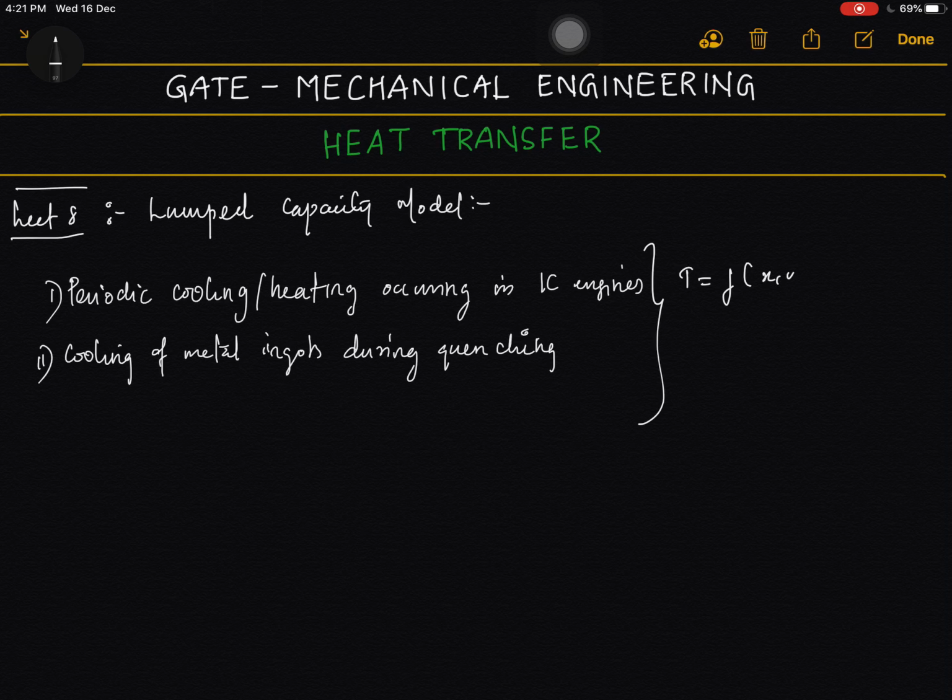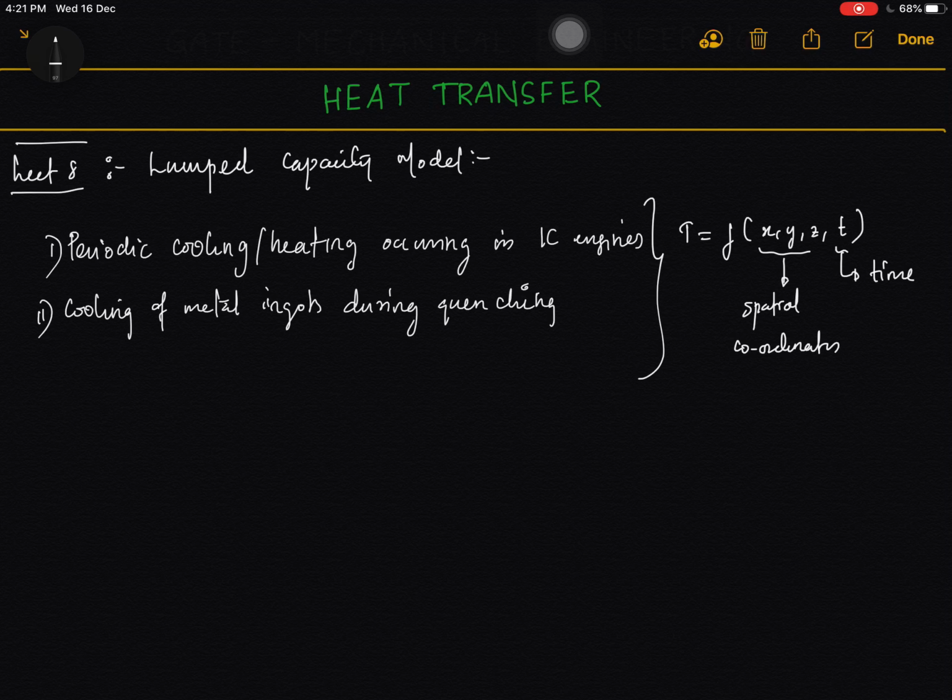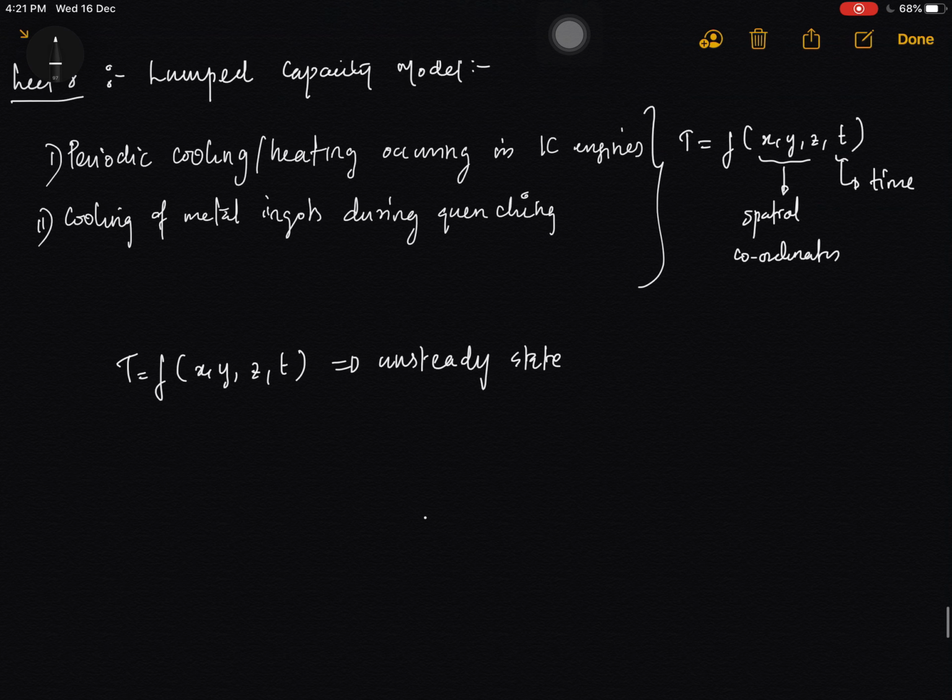In these two cases, temperature will be a function of x, y, z and t, where x, y, z are the spatial coordinates and t is time. So temperature is a function of spatial coordinates and time. This dependence of temperature on spatial location and time is nothing but unsteady state.